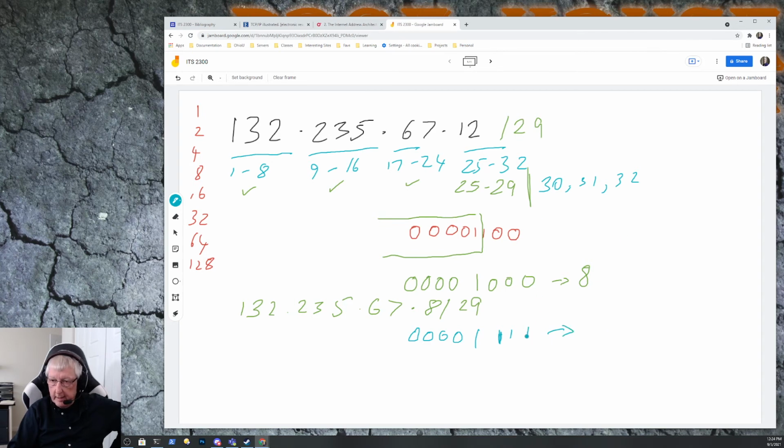When I do that, that's 1 plus 2 is 3, plus 4 is 7, plus 8 is 15. So the largest address would be 132.235.67.15/29.